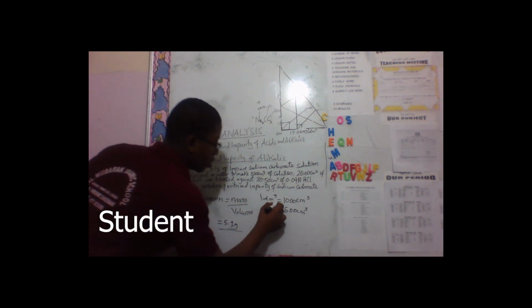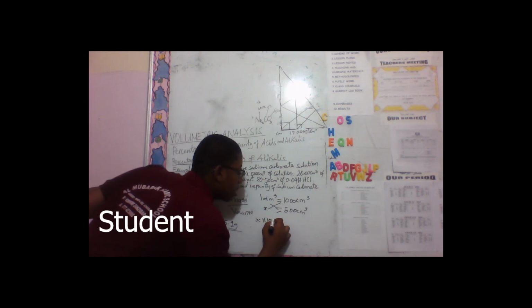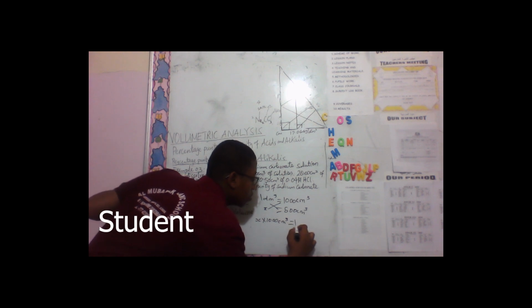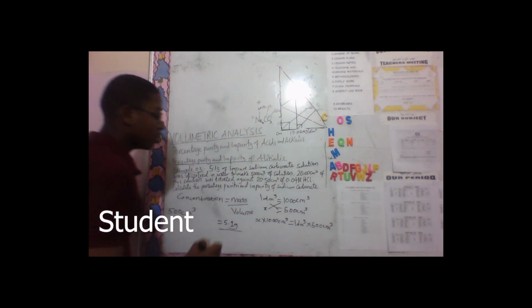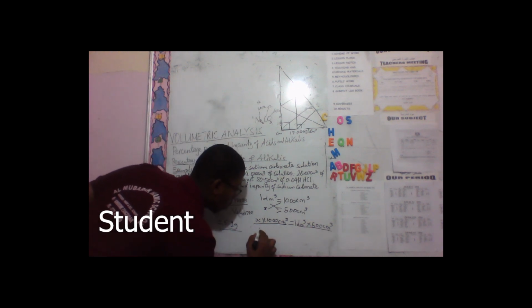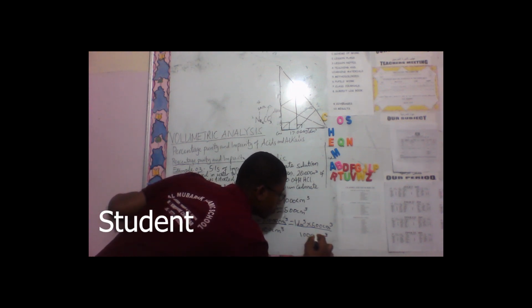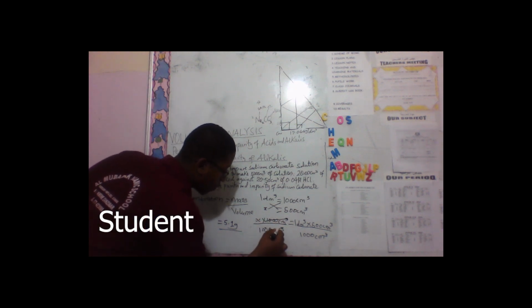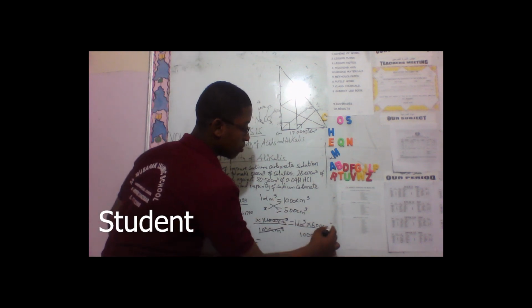Cross multiplication: x times 1,000 centimeter cubed is equal to 1 decimeter cubed times 500 centimeter cubed. Divide both sides by 1,000 centimeter cubed. We cancel the 1,000 on both sides, and centimeter cubed with centimeter cubed.